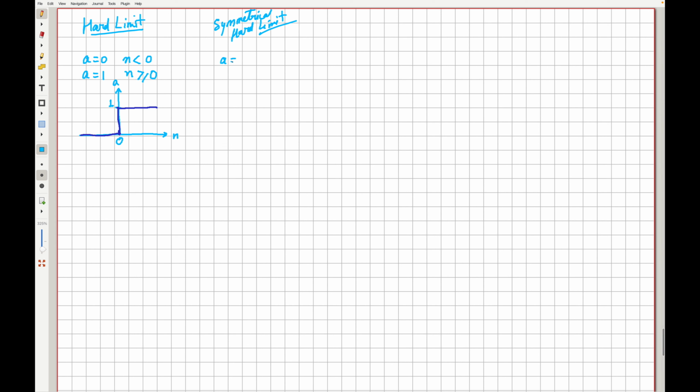If n is less than 0, the value of a will go to -1, so instead of limiting to 0, it will be -1. And if n is greater than or equal to 0, the value would be +1. So the difference is just this value for 0. Here it becomes 0, here it becomes -1.